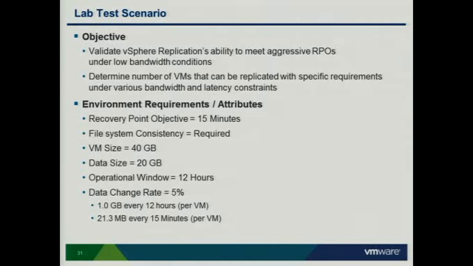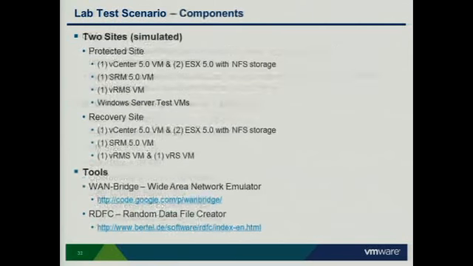The requirements we configured for this lab were a 15-minute RPO and a 5% data change rate over a 12-hour operational window for 20 gig of data size. So essentially 1 gigabyte of change spread over 12 hours per virtual machine.